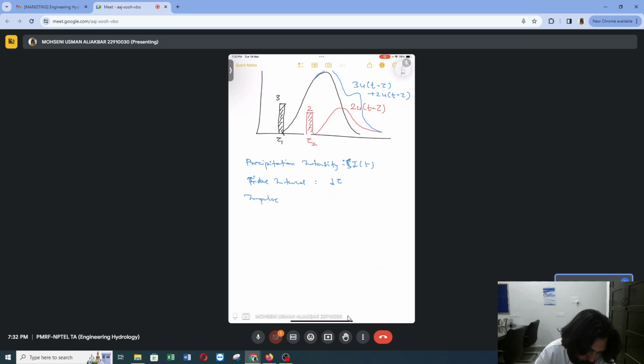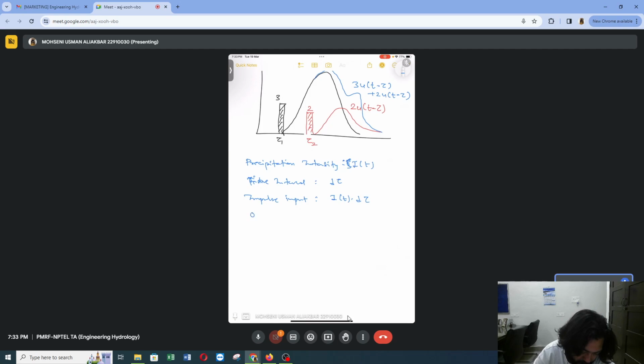The impulse input is I(t) times d tau, because the precipitation is in terms of intensity. So precipitation intensity would be in centimeter per hour or mm per hour. The input is precipitation data, so in order to get the impulse input, we have to multiply the intensity with the time duration. So that is what we have done here.